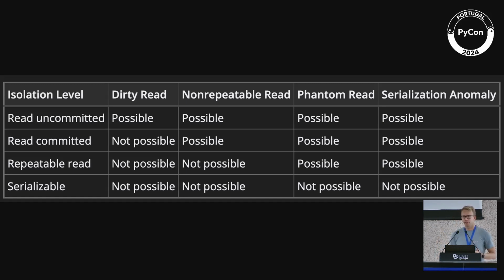So transaction isolation levels are essentially, let's call them, how well do your transactions work? So if we look at the first isolation level called read uncommitted, this is like the YOLO isolation level.